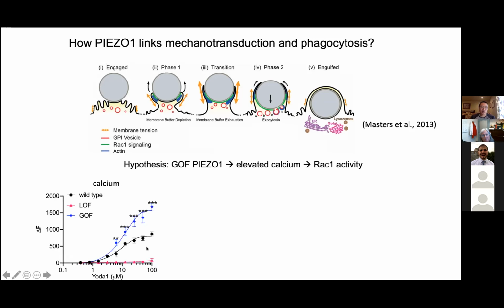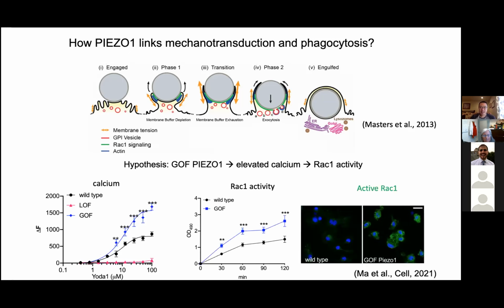First, we show in vitro that macrophages expressing the gain of function PIEZO1 protein can induce a larger amount of intracellular calcium in response to Yoda1, the agonist for PIEZO. And then we also measured the RAC1 activity in the gain of function macrophages in vitro.